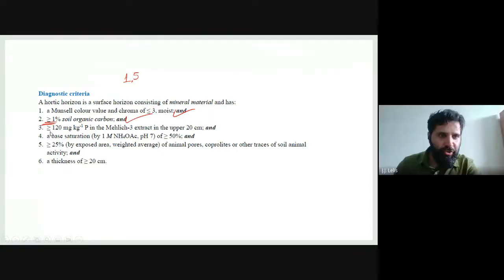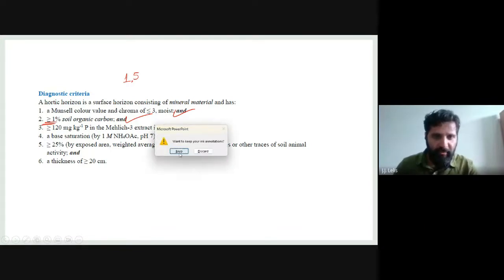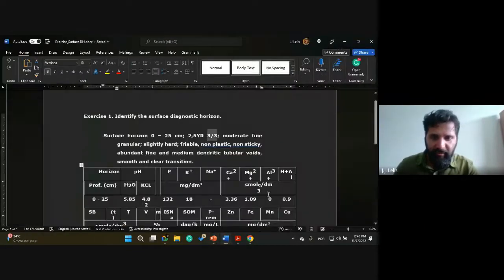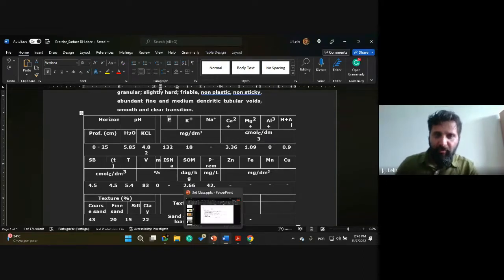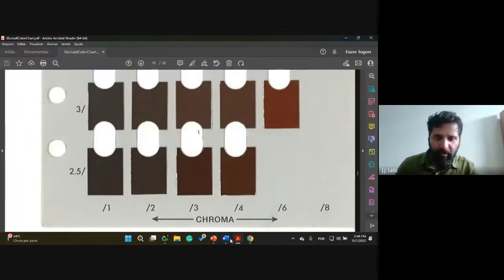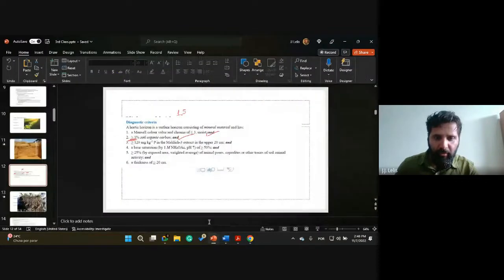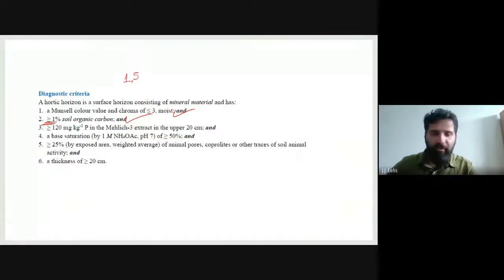Now, we should present a high content of phosphorus because of the increase of phosphorus by human activity. In this case, we can see here 132. So we present a high content of phosphorus. So we also check this.